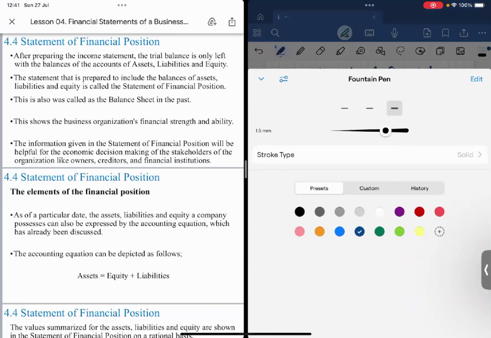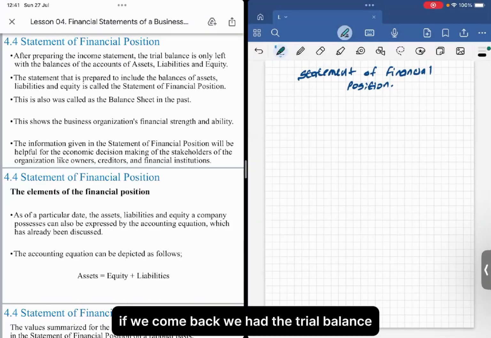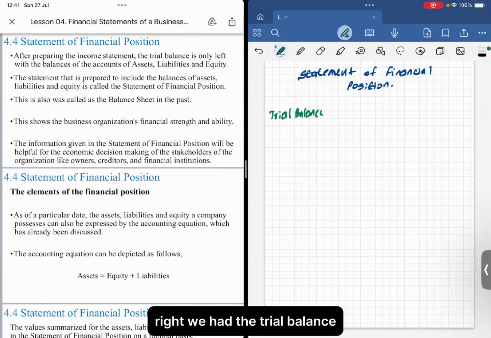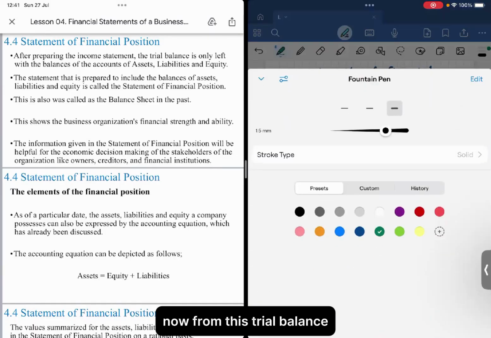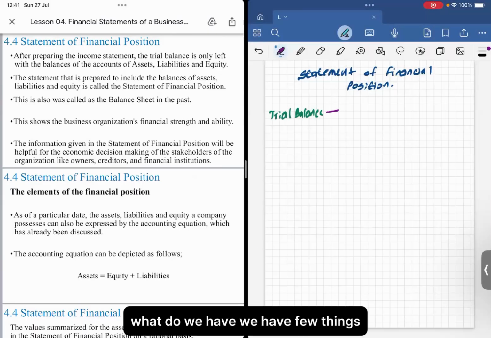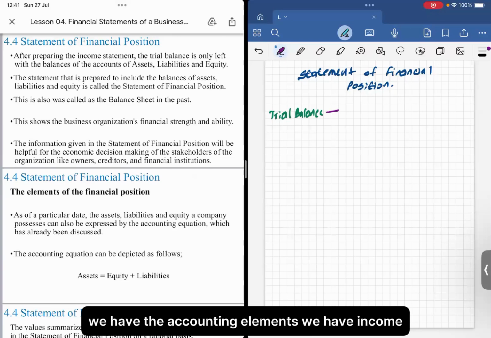Now, if we come back, we had the trial balance, right? From this trial balance, what do we have? We have the accounting elements.